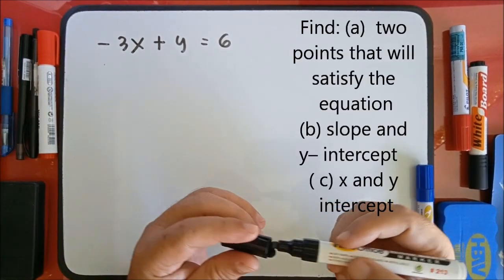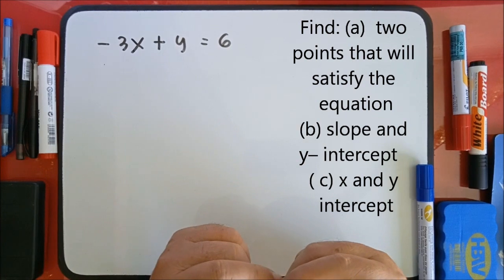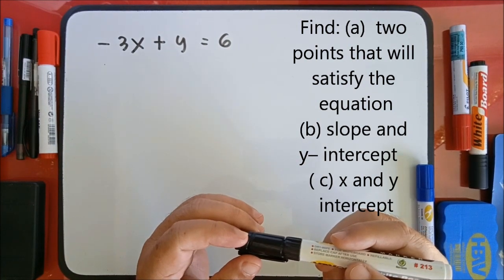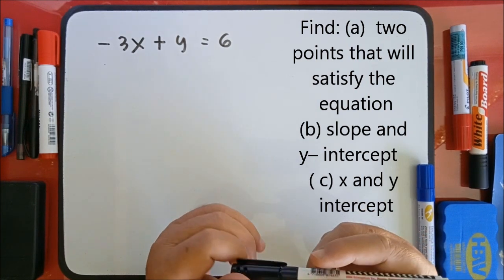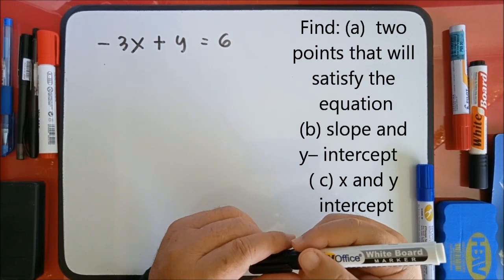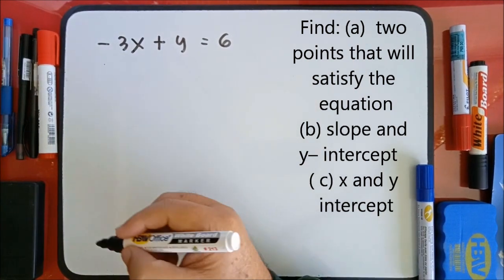Find 2 points that will satisfy the equation, the slope and y-intercept, and the x and y-intercept. So let's start.